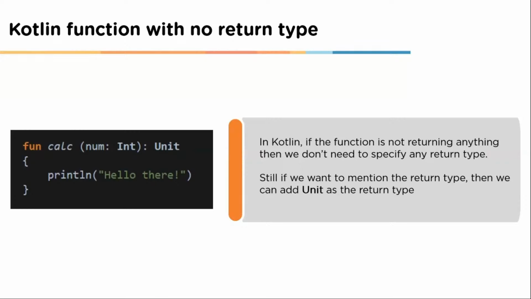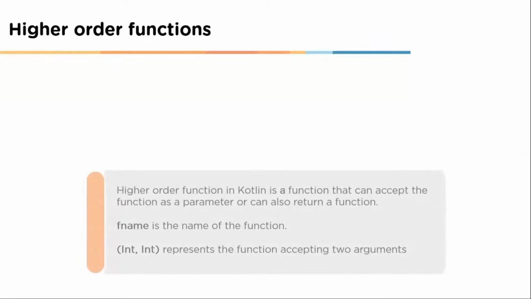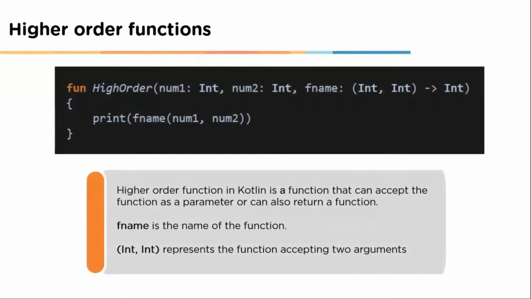The next is higher order functions. The higher order function in Kotlin is a function that can accept functions as a parameter and can also return a function. We have heard that functions accept variables, but we haven't heard about functions accepting other functions. In higher order function, we can easily do that.